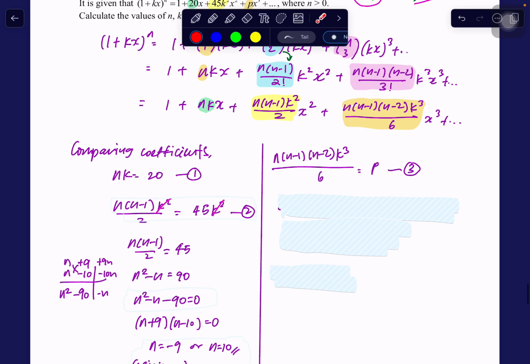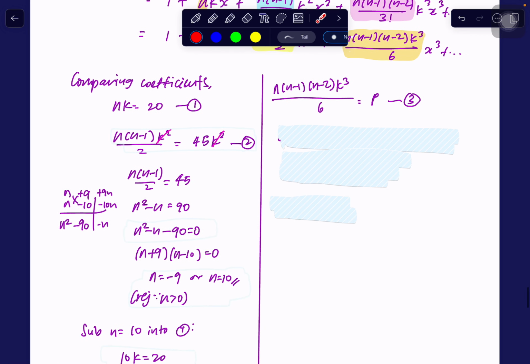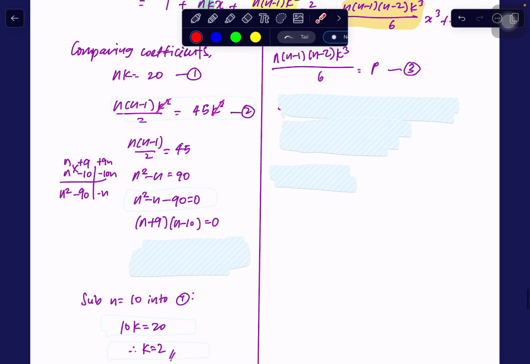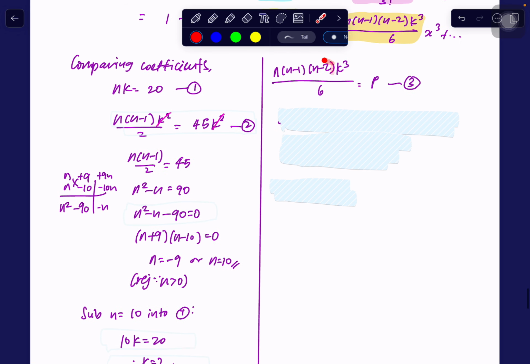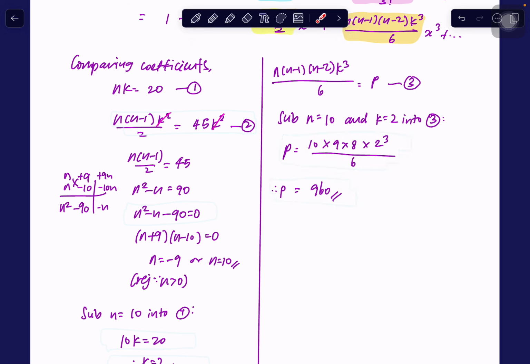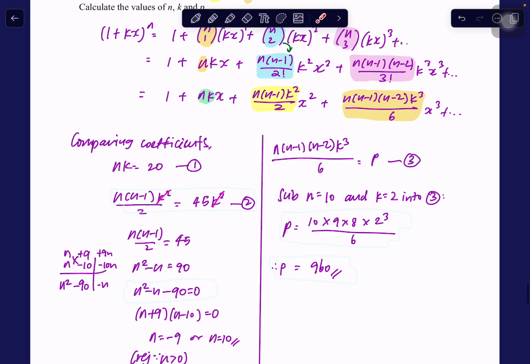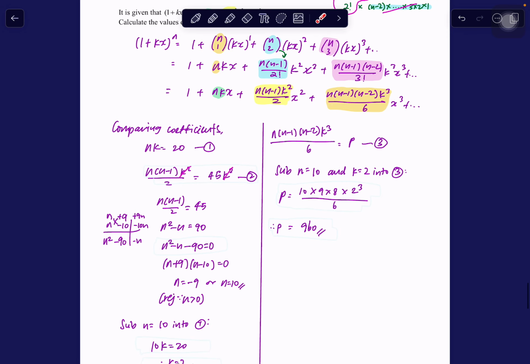Using the values of n and k which I found in the earlier parts, n equals 10 and k equals 2, I'm going to substitute back into the left side to solve for p. So p is none other than 960.